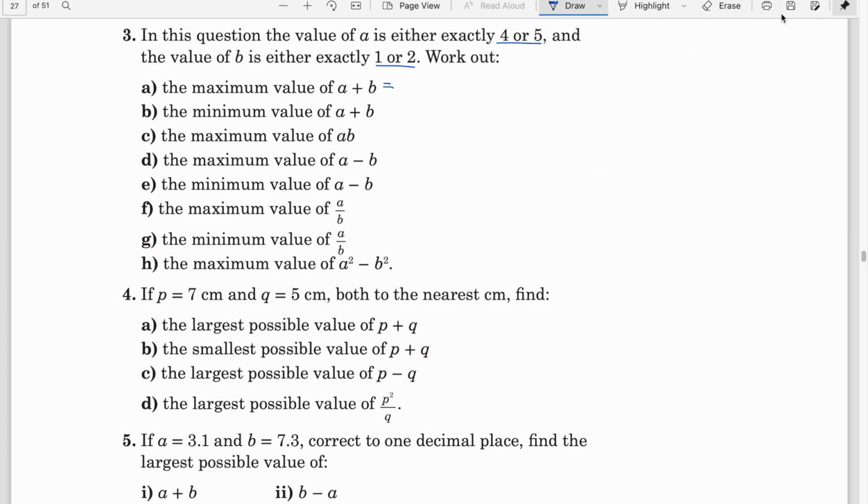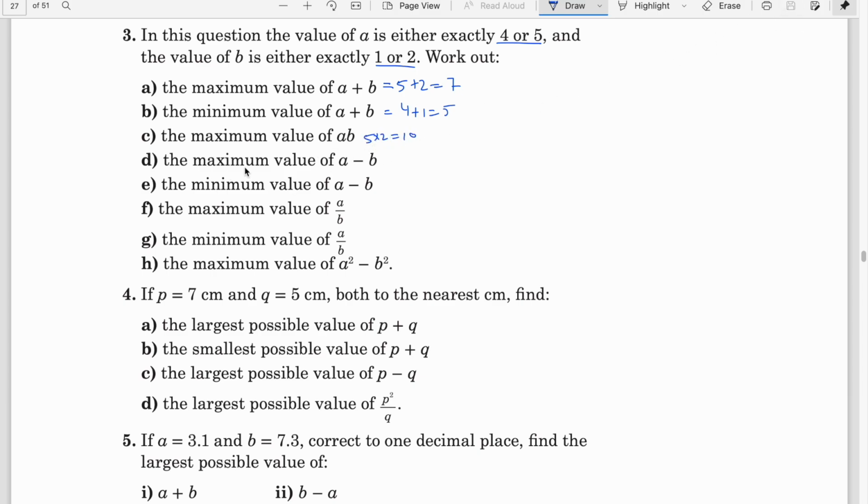Ali, what about you? 7. Yes, it is 7. Maximum possible is 5 plus 2. That is 7. And minimum possible value is 5, right? Maximum value of the product A into B. That's right, 5 2 times is 10.